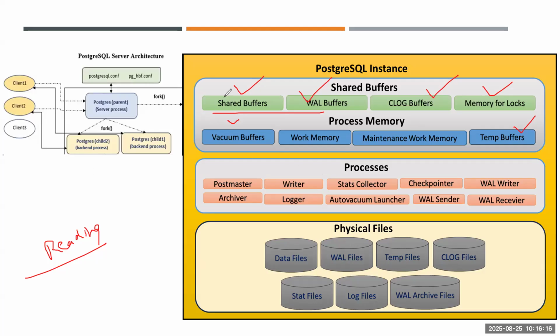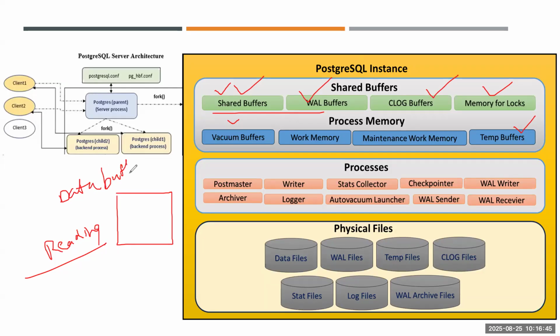Now, coming to the shared buffers, when we specifically go for memory in terms of Postgres, one is the shared buffers. In simple layman's terms, shared buffers is the most powerful in your entire memory. Shared buffers is nothing but data buffers.